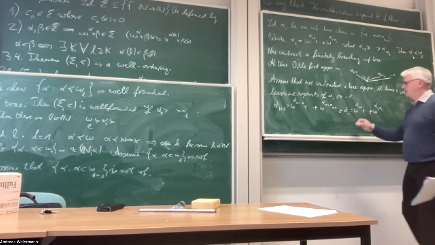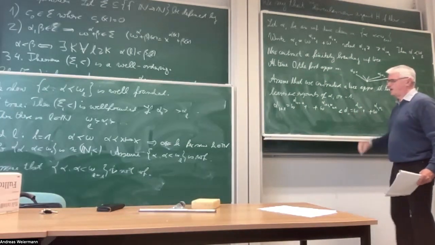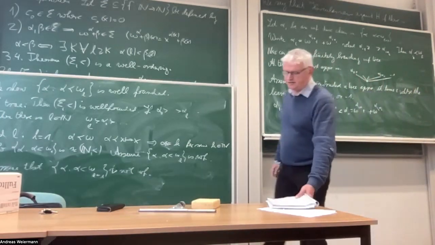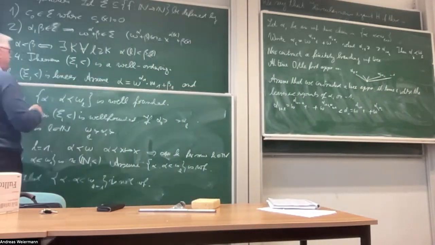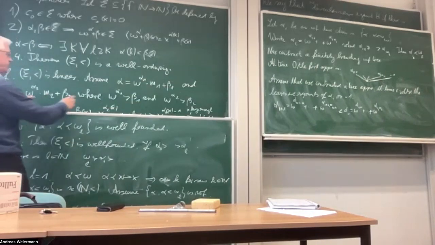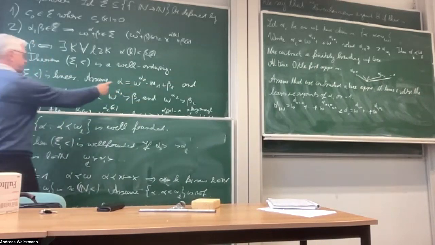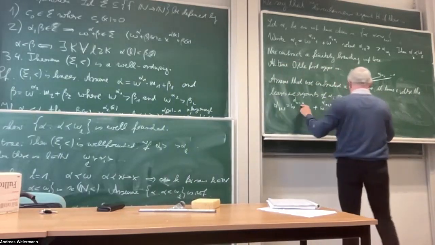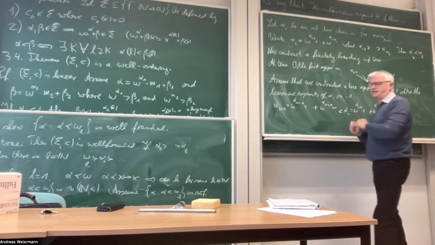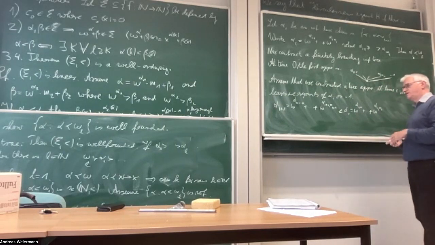Okay, now we have to figure out how to compare this stuff. And what we learned here already is basically how to compare those two orders, alpha and beta. We first compare these exponents and then the rest. And when we spell this out, it comes down to two cases.